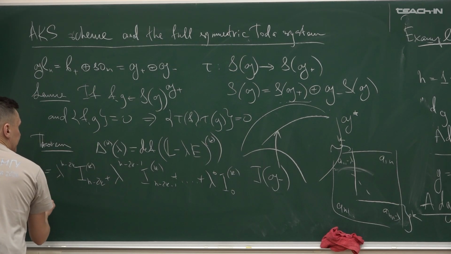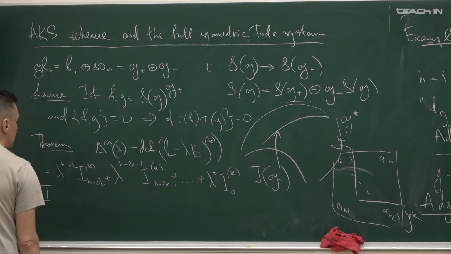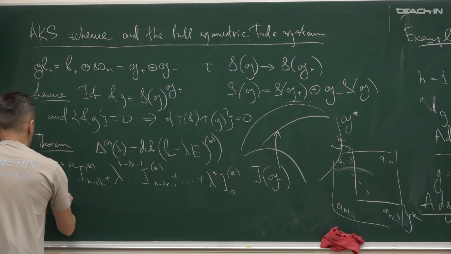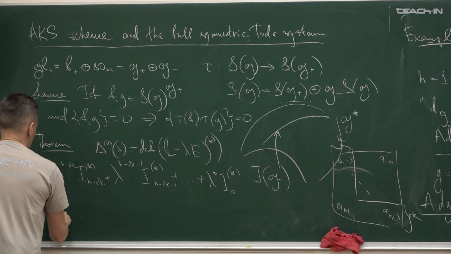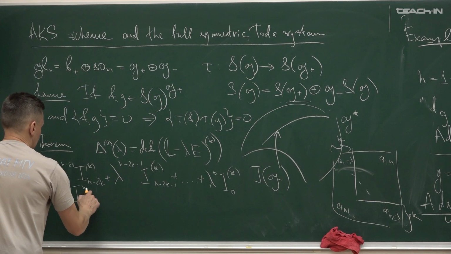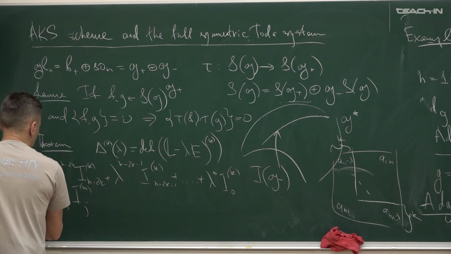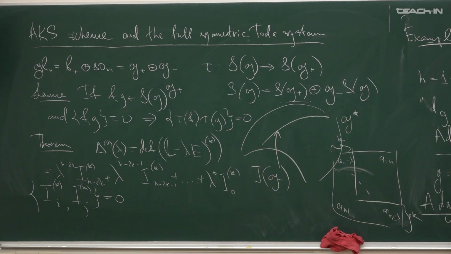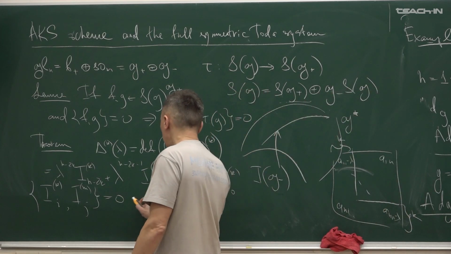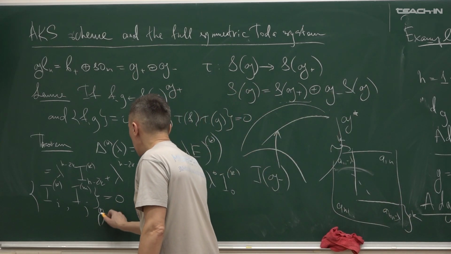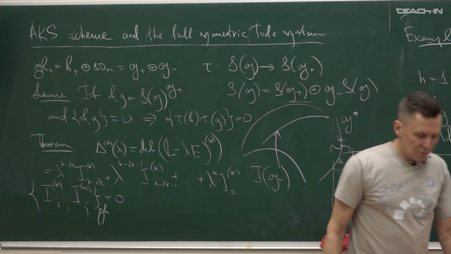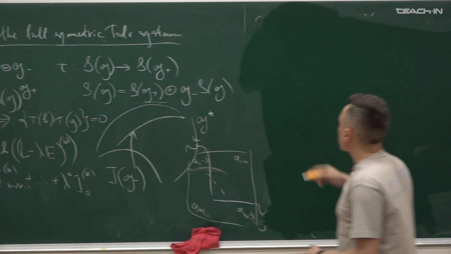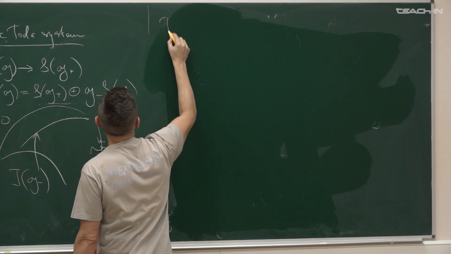So the first theorem was that all this set of coefficients commute with respect to the Poisson Lie bracket.